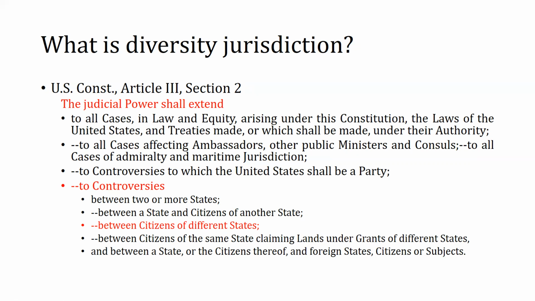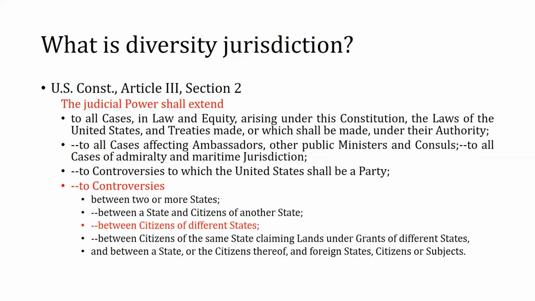These are all different combinations that could give rise to a controversy, where that controversy would be within the judicial power of the United States. And if it's within the judicial power of the United States, then it's within Congress's power under Article 3, Section 1, to allocate that power to the Supreme Court or the inferior courts that Congress has established.